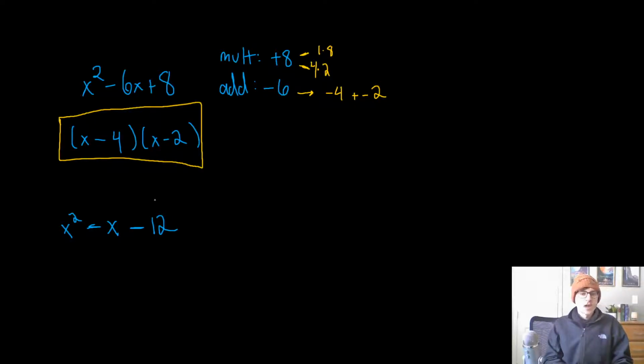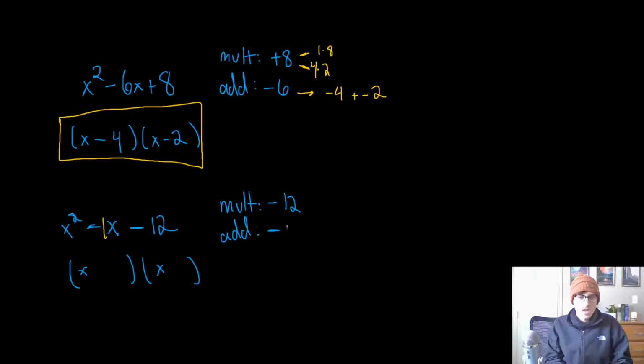Okay, so it's the same idea. Because I have x squared right here, I know that I'm going to have an x here and an x here. And now I'm just looking for two numbers that multiply to negative 12 and that add to negative x, that's like negative 1x, right? So they add to negative 1.